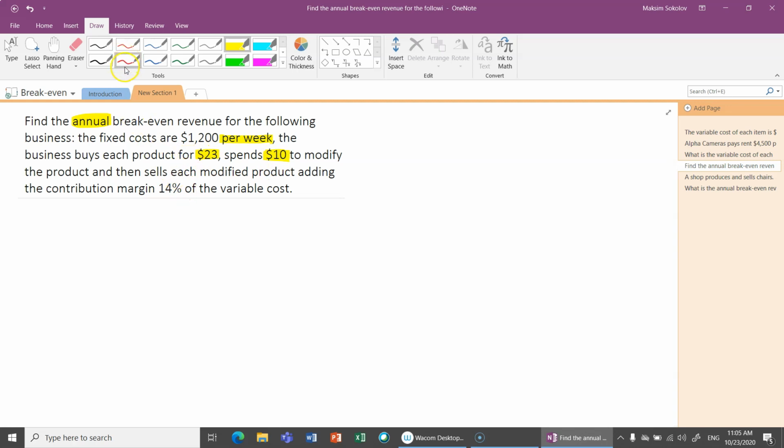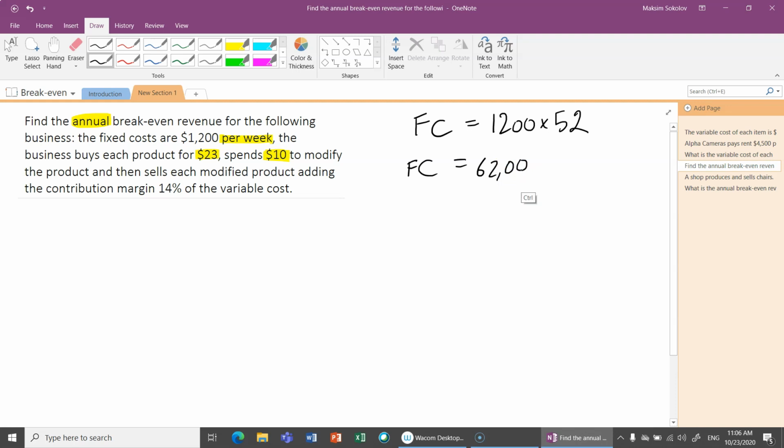Okay, so let's now start by first converting the fixed costs into annual amounts. So fixed costs in this problem will be 1,200 times 52, because there are 52 weeks in 1 year. That's 62,400.